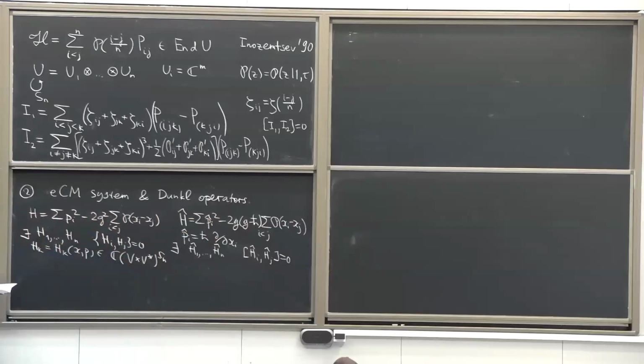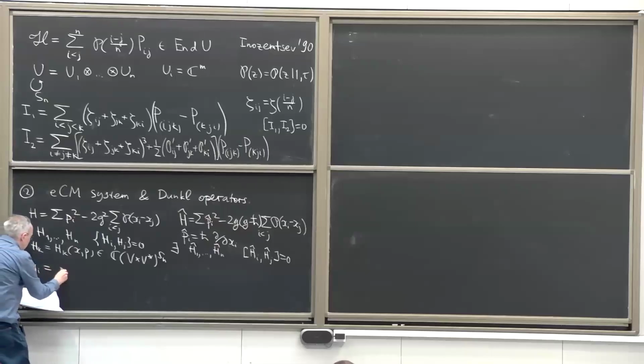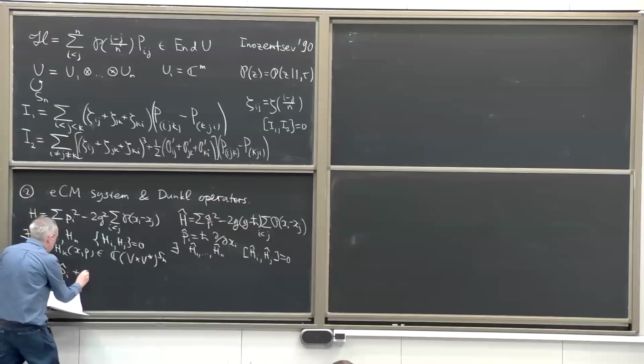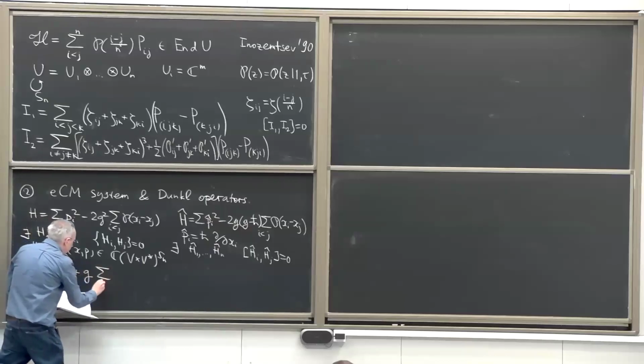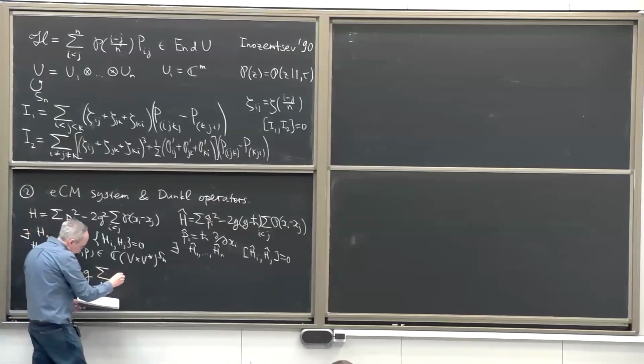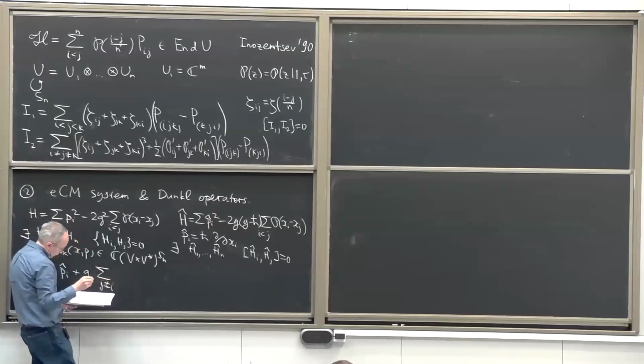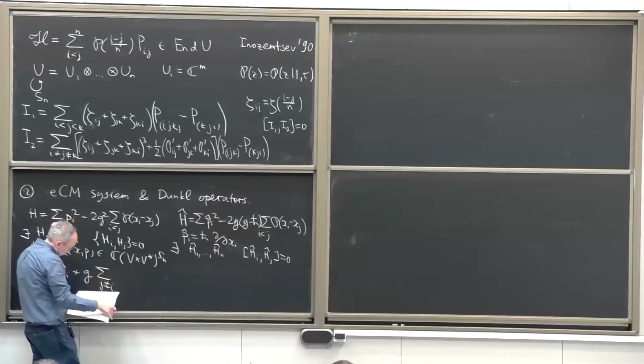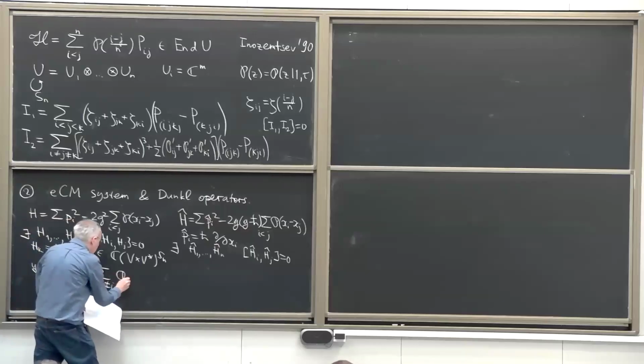All right, and then the Dunkl operators: yi is pi, if it's the quantum version, plus g times a sum over j different from i of phi.